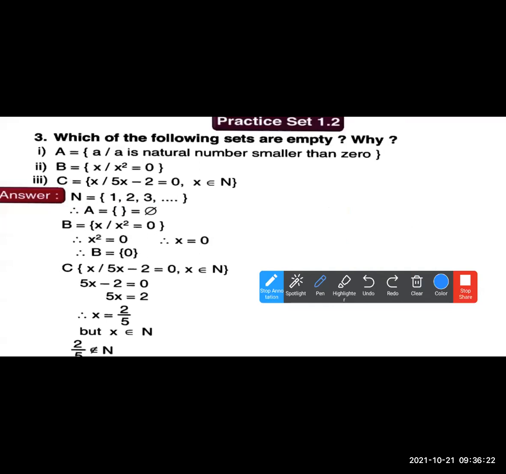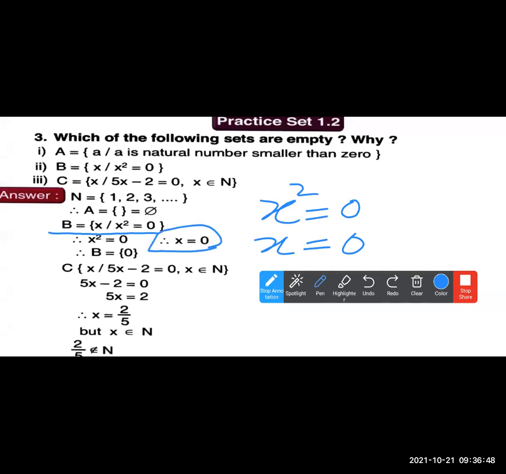You can write A is an empty set in words. Therefore, set A is an empty set. This way you have to write. Okay. Now the next question is B is equal to the set of all x such that x square is equal to 0. If x square is equal to 0, then taking square root we get only 0.